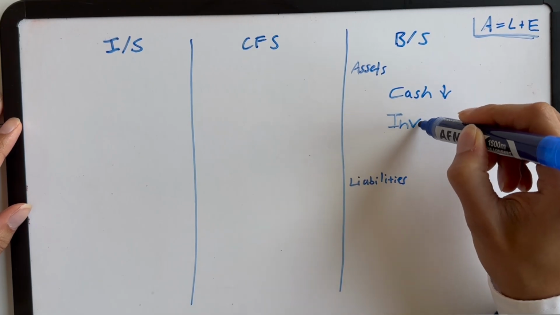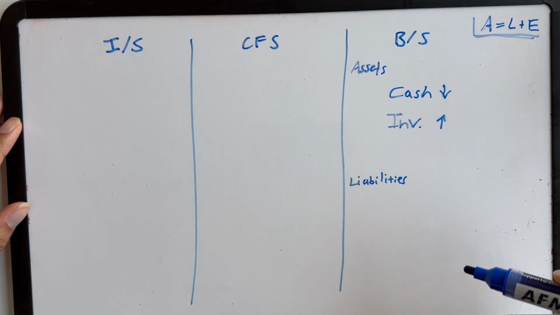Now, the thing is, since we're buying equipment, we're actually getting something in return. We're getting the equipment which we can hold as inventory. And inventory is a type of current asset which goes on the balance sheet. So we now have our inventory going up. Very simple.